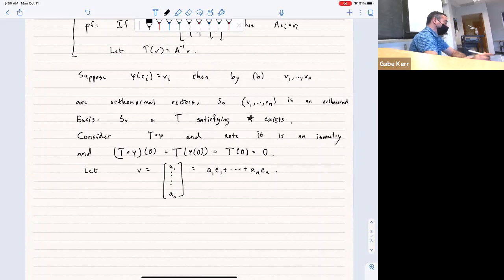Then consider AI. This is equal to V dot EI. Right? Everyone agree? Now T composed with phi is an isometry. So this equals this.